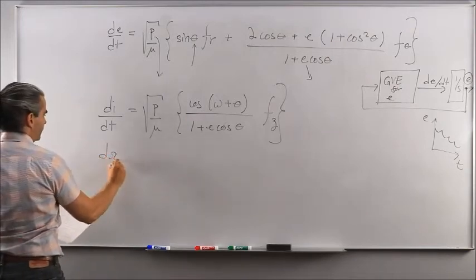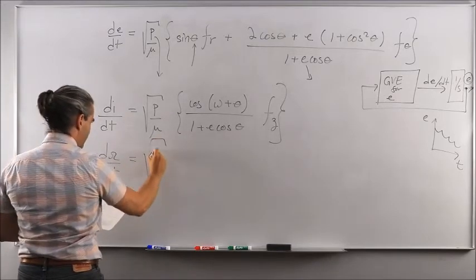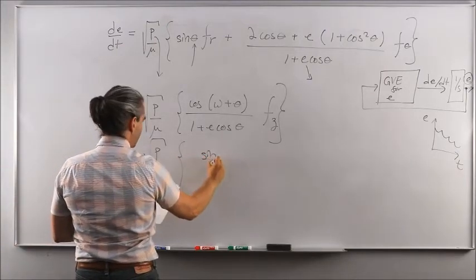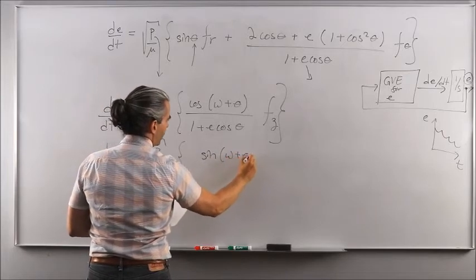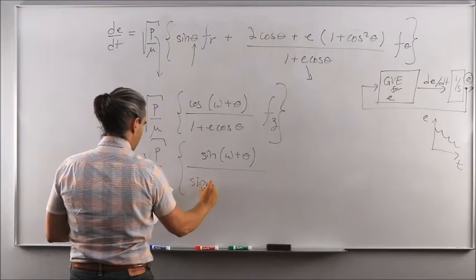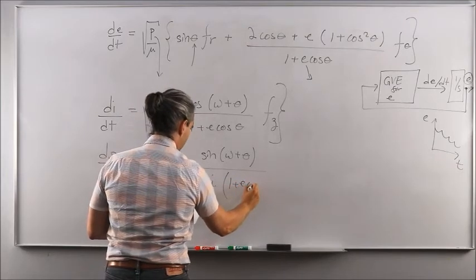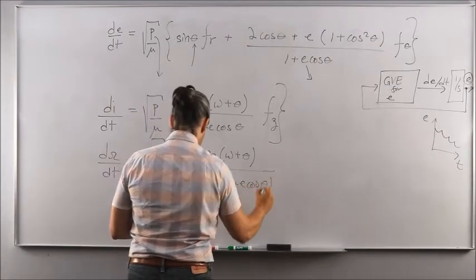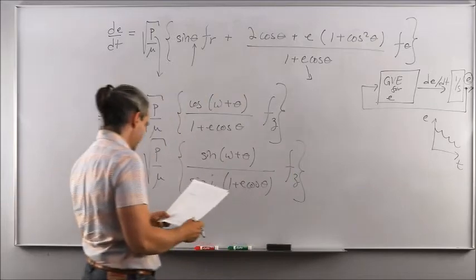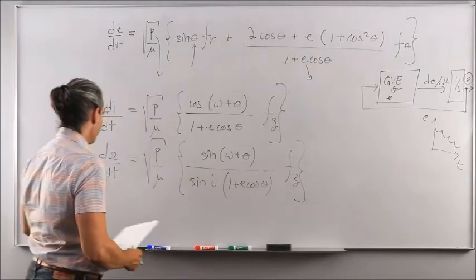For RAAN, d RAAN dt, the GVE for this one will be the square root of P over mu times sine of argument of latitude, or omega plus theta, if you will, same thing, over sine of inclination times 1 plus e cos theta times the z component. Okay, so similarly, RAAN is only a function of the z component of the net perturbing acceleration.